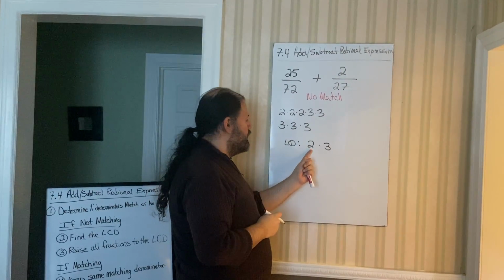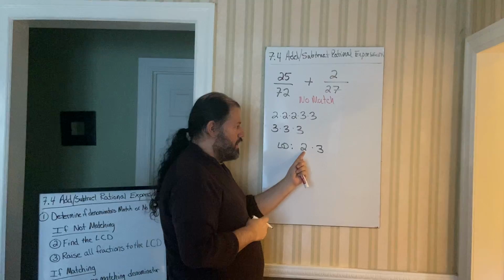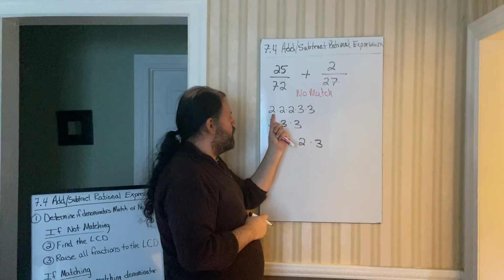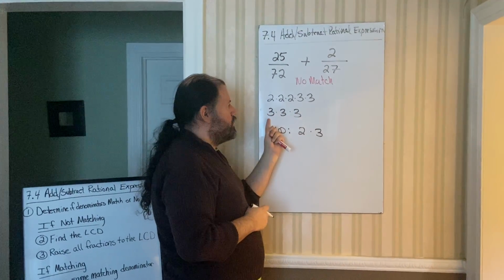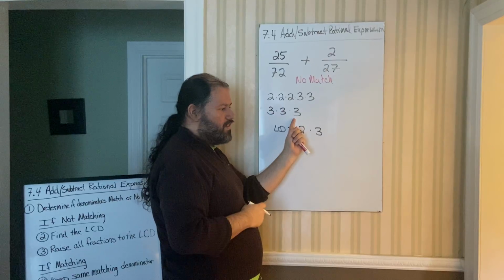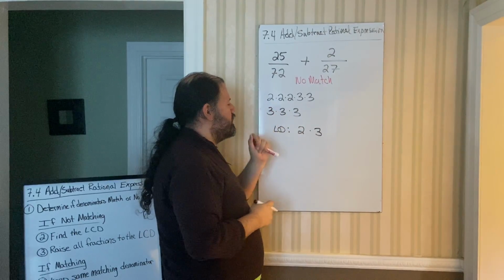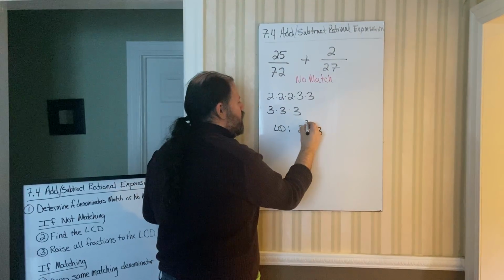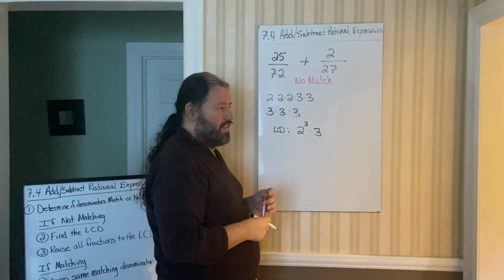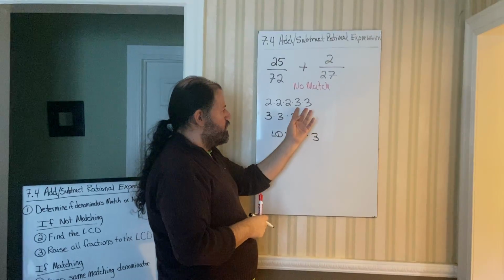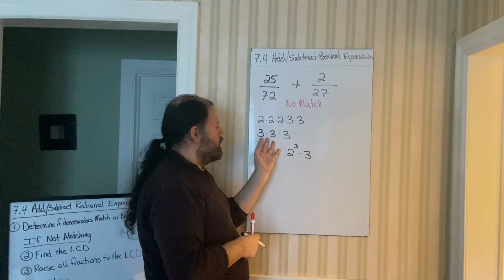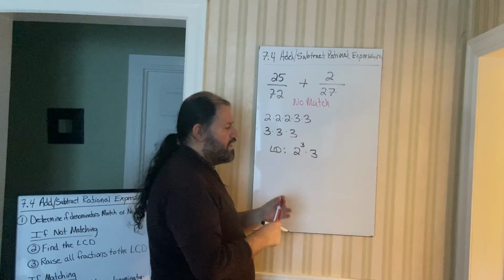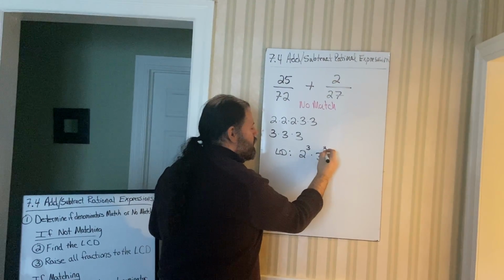Once we do that, let's look at the number 2. See how many 2s we have here: 1, 2, 3. How many 2s do you have in this denominator? 0. So 3 versus 0. Always grab the largest amount when you're doing LCD. For 3s, notice we have 2 here and 3 here. So again, the largest amount is 3.